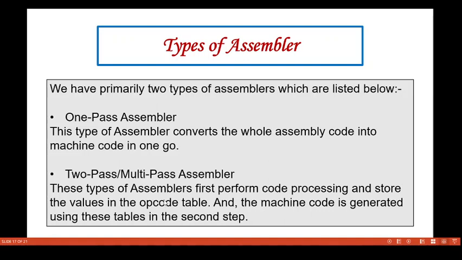So this is the difference between the one pass assembler and two pass. The one pass just translates or converts the high level language into low level language or machine code in one go. But the two pass assembler has to perform code processing first. After processing the code, it stores the values in the opcode table, and then machine code is generated using these tables in the second step.